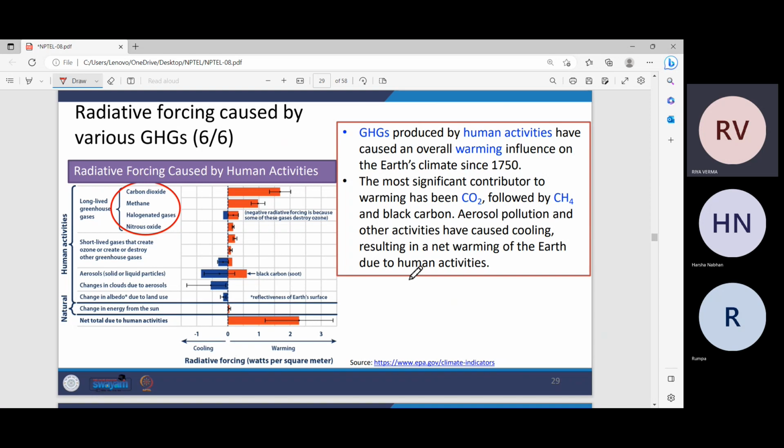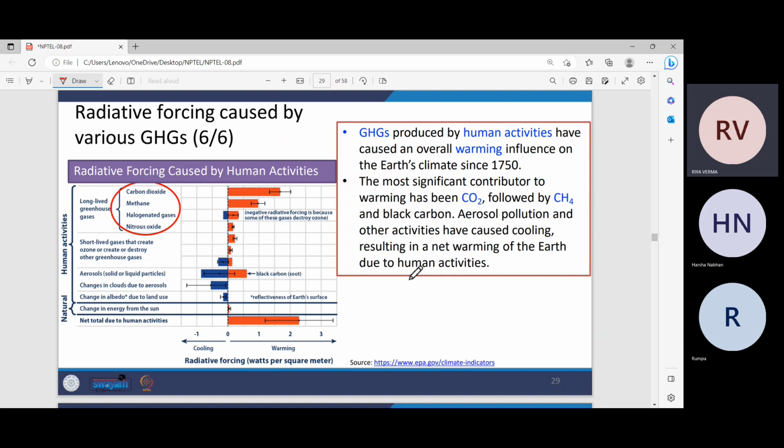The production of aerosols in the atmosphere and other activities have caused cooling effects, because the aerosols present in the atmosphere serve as a site on which the water vapor can condense, and these aerosols help in the formation of clouds also.